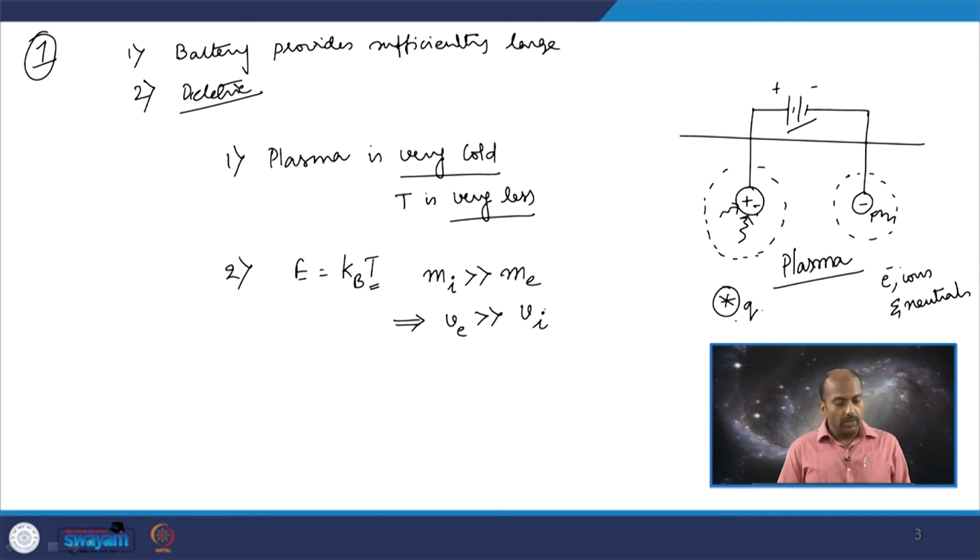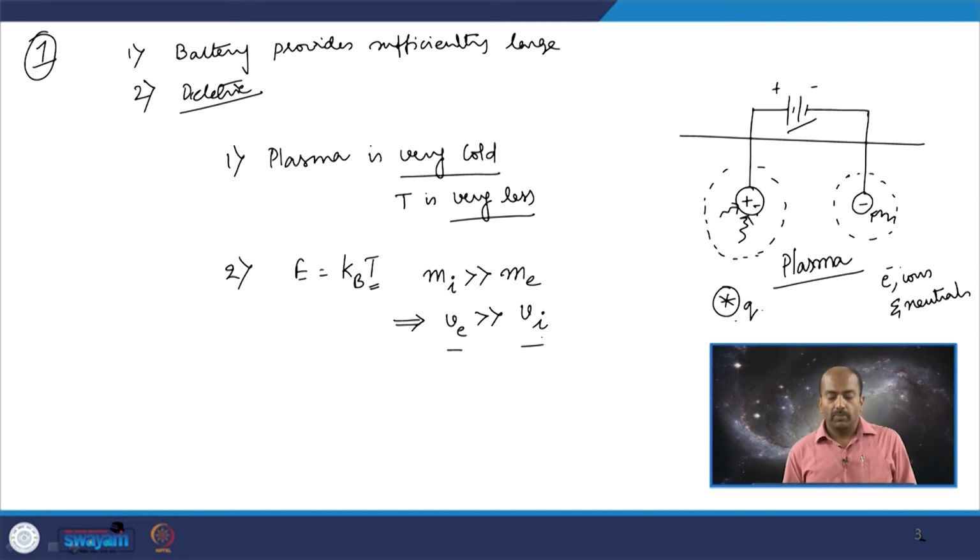There is a possibility that electrons and ions may not be able to deposit their energy, but will make a cloud around the electrodes for which the Coulomb force overcomes the thermal energy of the particle. What it means is that electrons and ions have sufficiently large velocities by virtue of their temperature, or the ambient temperature of the plasma.